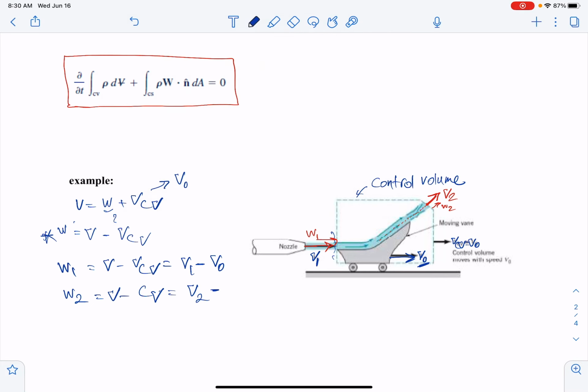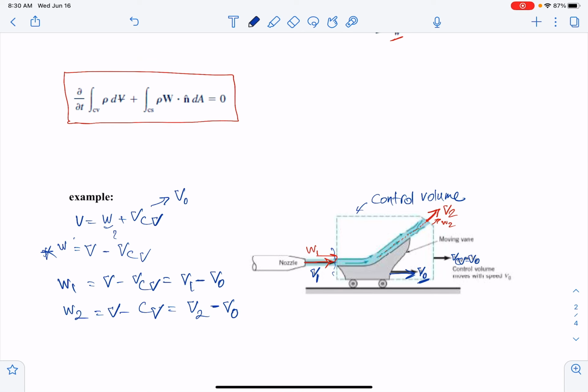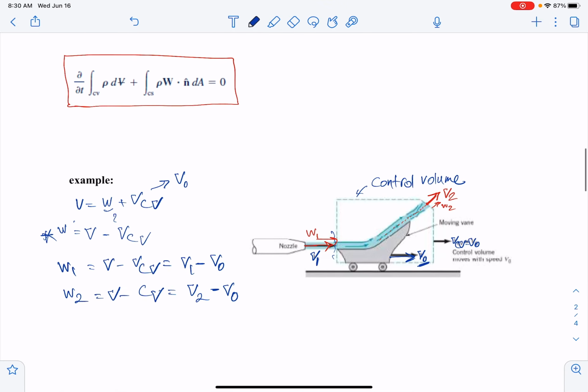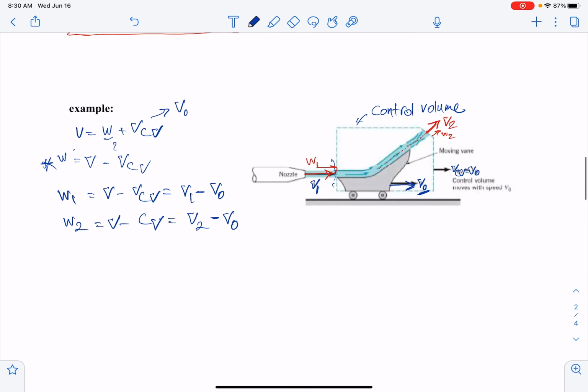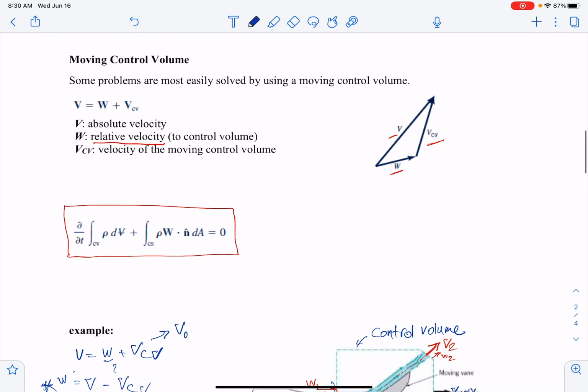So we have V2 minus the velocity of the vane, right? Yeah, we're going to solve some questions based on the moving control volume as well.